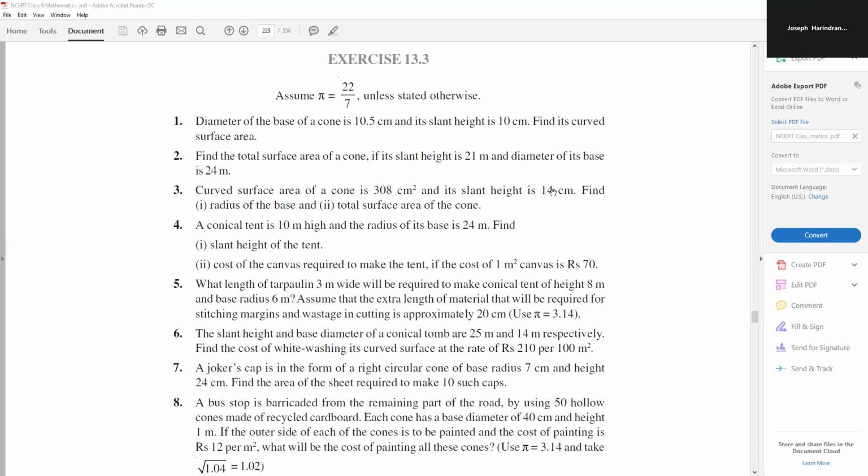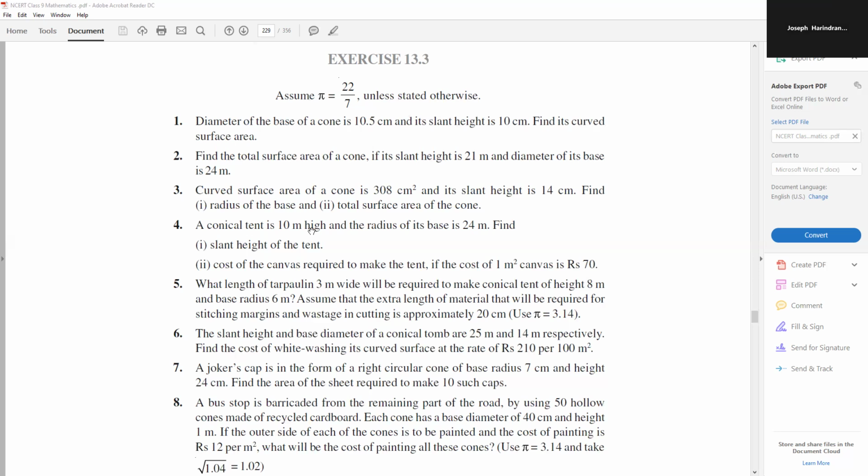Slant height is given. So we can find the radius. R is equal to 308 divided by pi L. That's all. Pi into 14. That is very easy. In fact, if you take pi equal to 22 by 7, the calculation will be very easy. You can try them out. Total surface area is, of course, pi r L plus pi r squared, or pi r into L plus R. Once you know the radius, you can find the total surface area of the cone also using the formula.